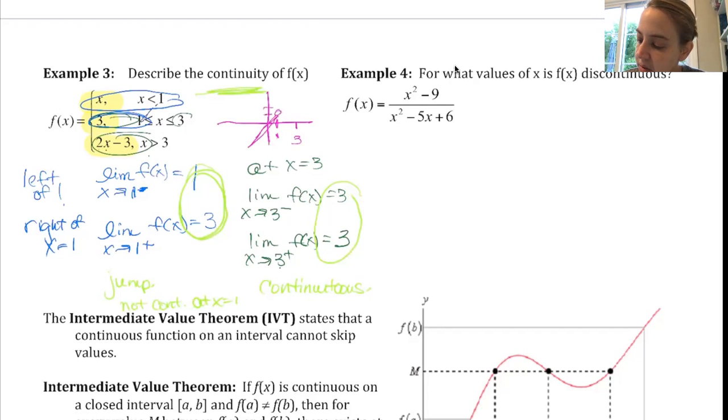Then here's 3 as a horizontal line, like this. And then 2x minus 3 is a line. You kind of have to pretend where it is, down 3, up 2, right 1. It's going to go like this. So you can see that there's a discontinuity at x equals 1, and it's continuous at 3. It's continuous everywhere else.